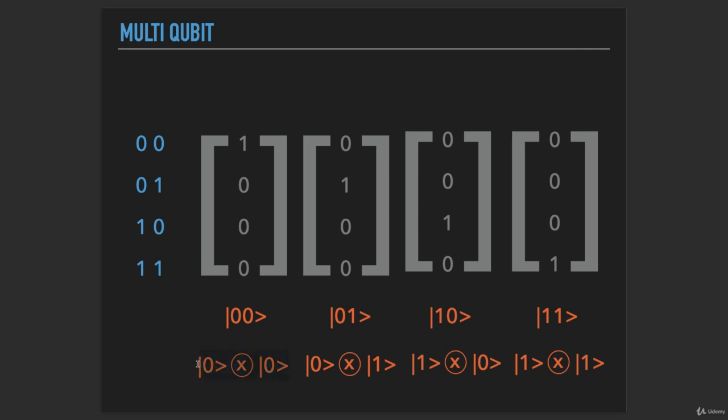For an exercise, I really suggest you pause the video and try to calculate the tensor product of ket 0 and ket 0 together. Let's see if you can get this particular matrix that we are seeing right now for ket 0,0.